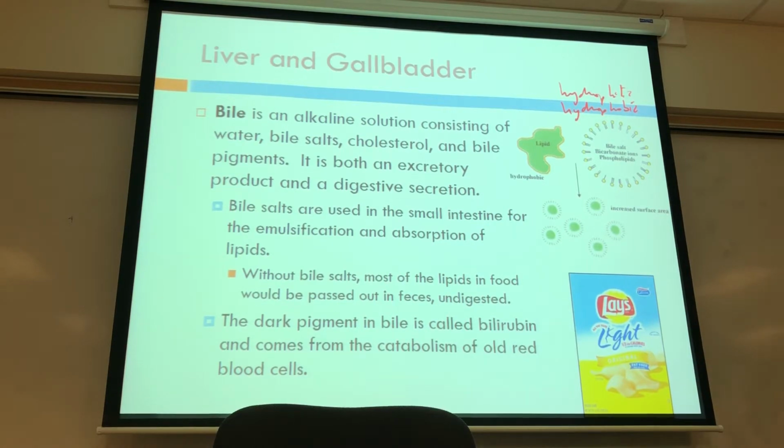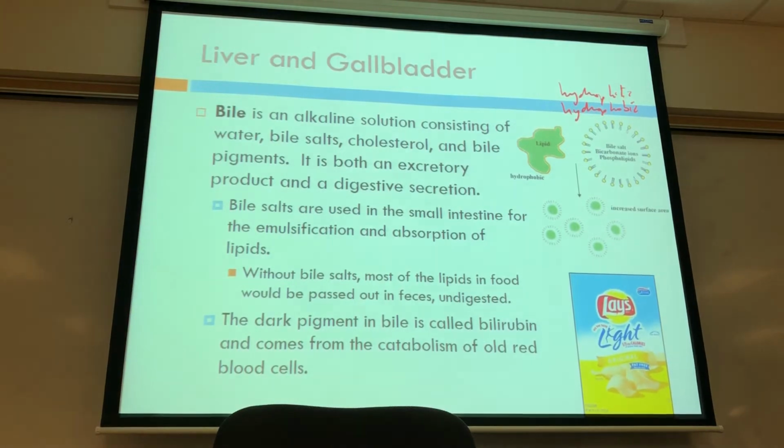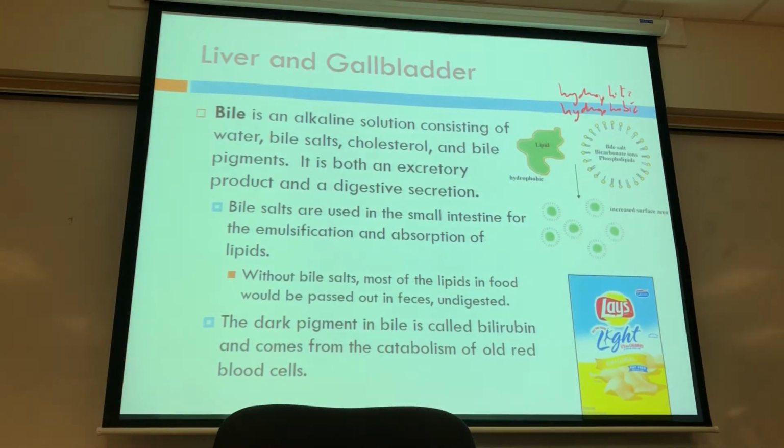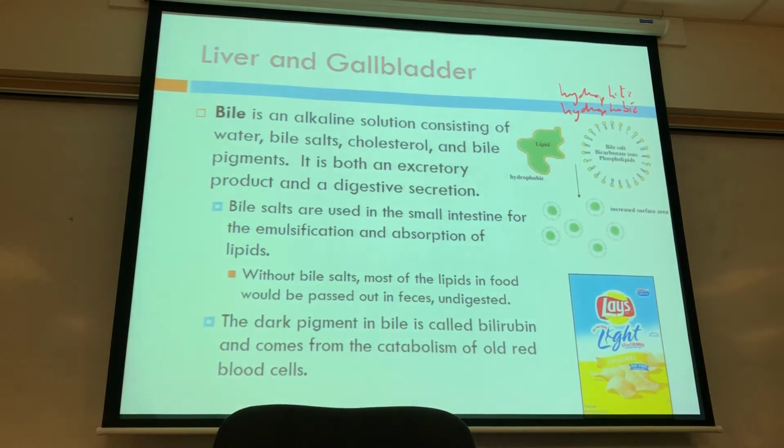So in this process, we're doing exactly that. We want to take those droplets of fat and mix them into the watery aqueous environment that it's going to make its way into once we're in the small intestine so that we can absorb this stuff, because this is important. There's tons of calories in our lipids that we can use.